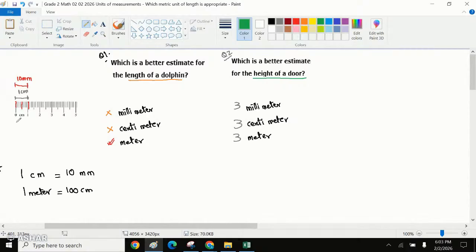We can see 3 centimeters over here. Would a door be 3 centimeters? So what should be the height of the door? What should be the height?